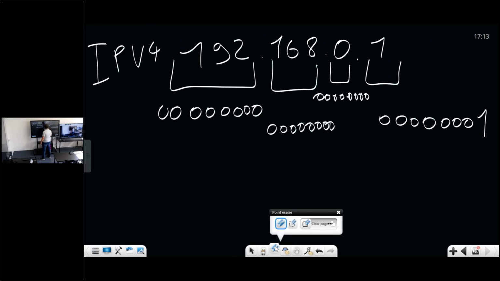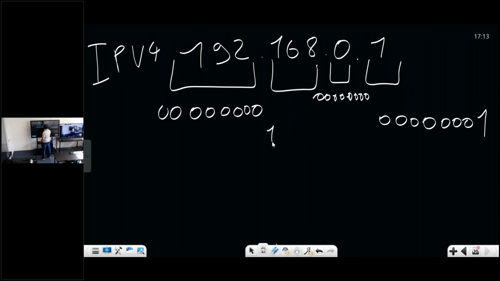The place values are 128, 64, 32, 16, 8, 4, 2, 1.